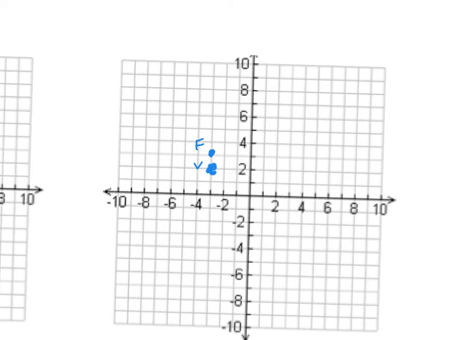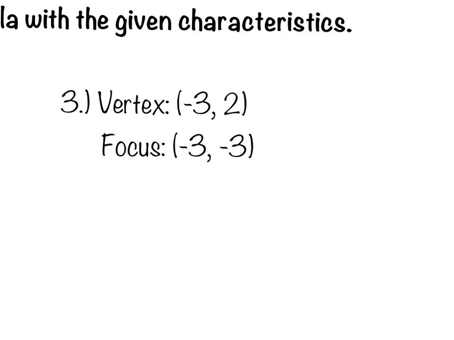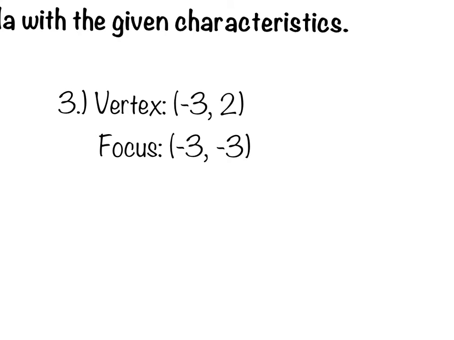Remember that the value of P is just the distance between these. If we had the vertex and we found P, we just went that P distance. Look at the distance between your vertex and the focus. It's 1. That tells you that your P value is 1. So I already know that I have a vertex of -3, 2, and a P value which equals 1.